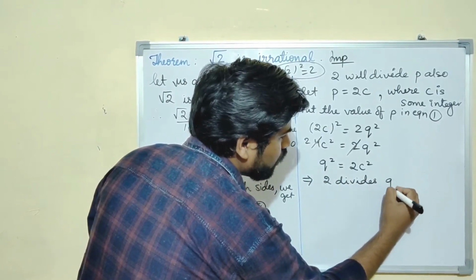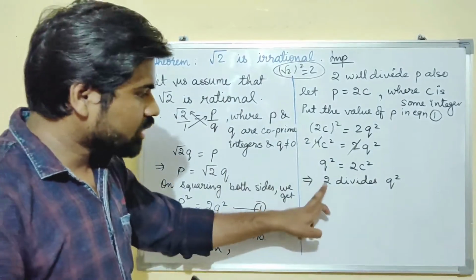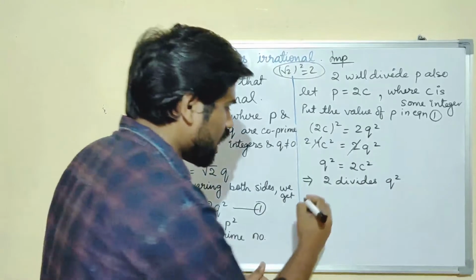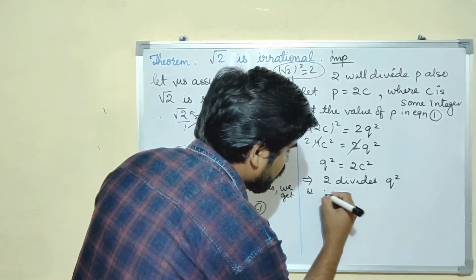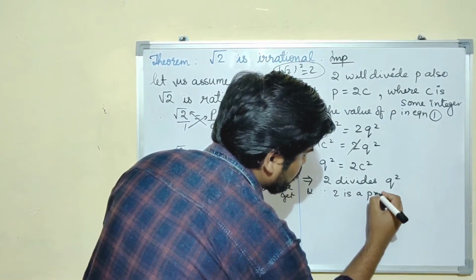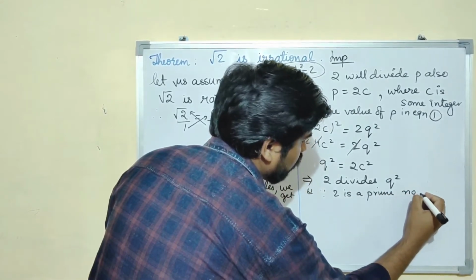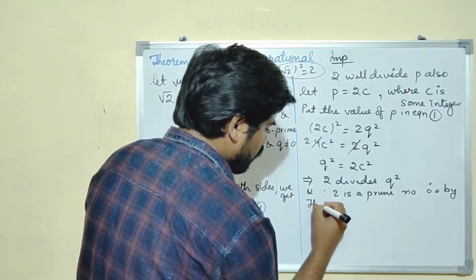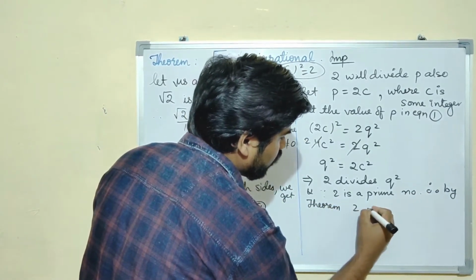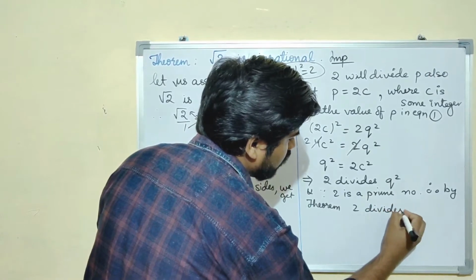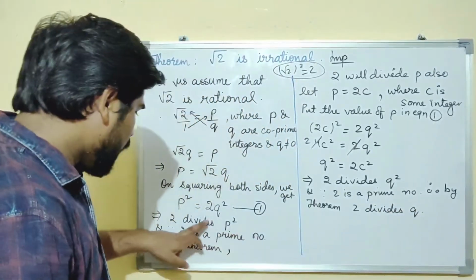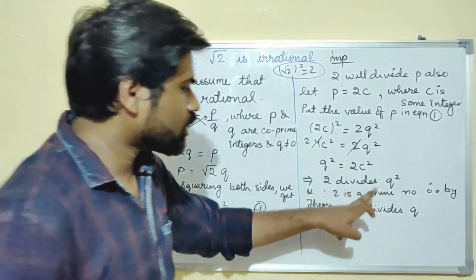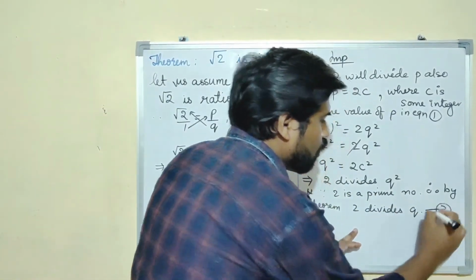And since 2 is a prime number, therefore by theorem 2 divides q also. Now if I name this statement as second statement, and this one as third, what conclusion can you draw from second and third statement?